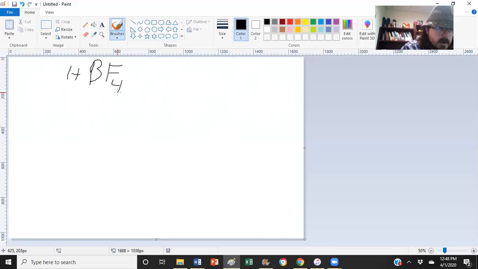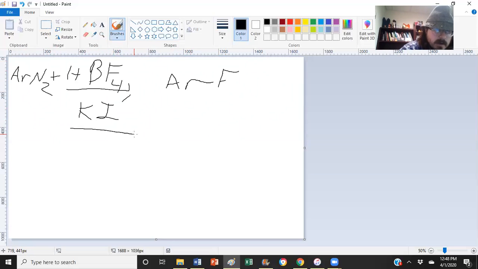But if I do that from an aryl diazo, I'm going to form aryl fluoride. If I want to do iodine, remember we kind of did that separately, a different way, once when we talked about aromatics. We can have aryl iodide that uses potassium iodide.